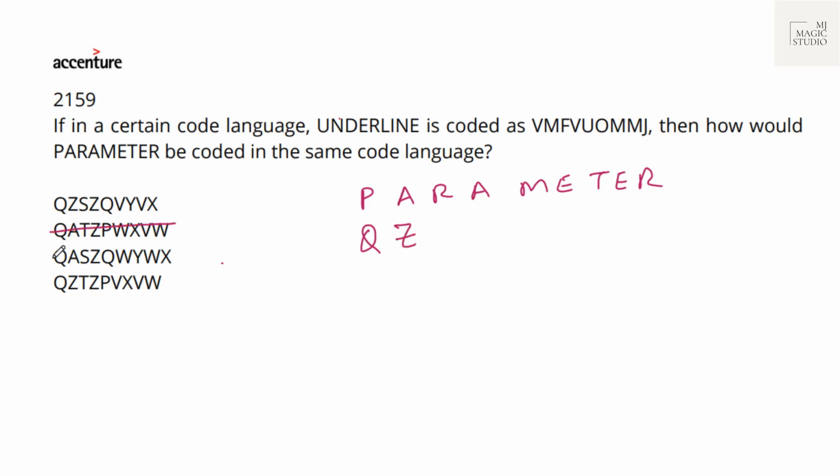Then A backward is Z, Z. So B and C are out. And the fight is only with the third one. If the third one matches, we can find the option. D becomes F, D, E, F. That means R, S, T. Bingo. Option D is the pick. No need to work it further.